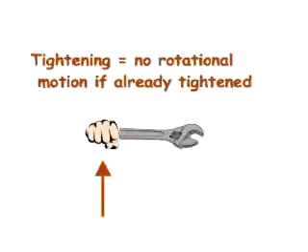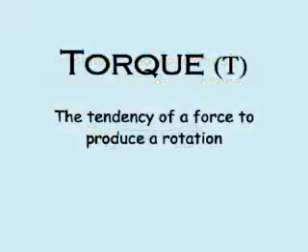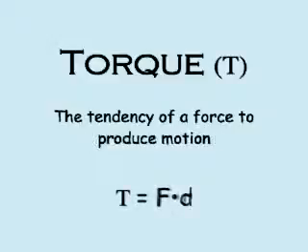All of these factors affect what we call torque, which is defined as the tendency of a force to produce a rotation. The equation used to calculate torque is listed here, where tau represents torque, F represents the applied force, and R represents the distance along the lever from the center of rotation.